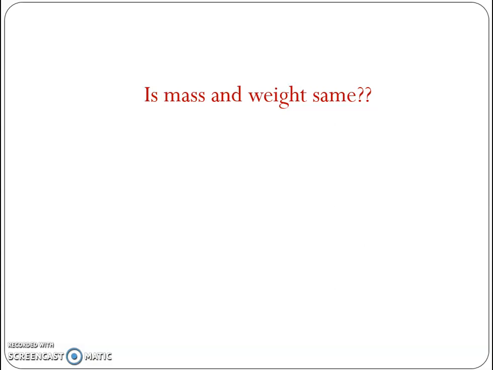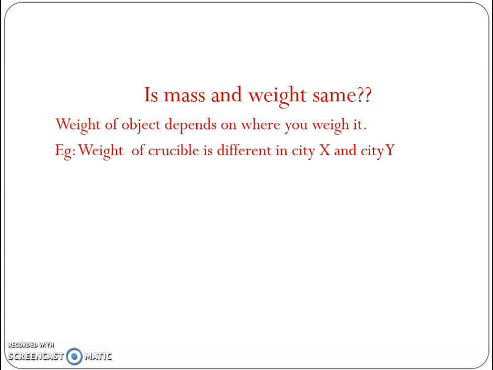So before starting with various methods, first of all let us understand mass and weight. Is mass and weight same? No, they both are different. Weight of an object depends on where you weigh it.